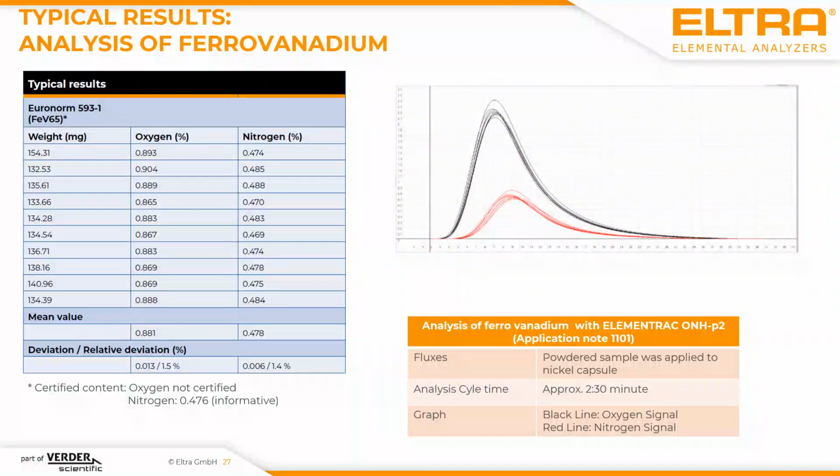And this would be the same procedure for every kind of sample. You just put it in the furnace, press start, and get repeatable measurements. Here we used nickel capsules to fill in the powder, and we also have a very fast analysis time of approximately 2 minutes and 30 seconds.